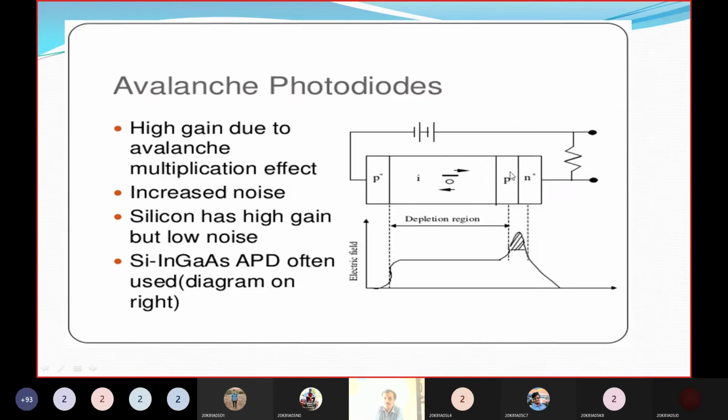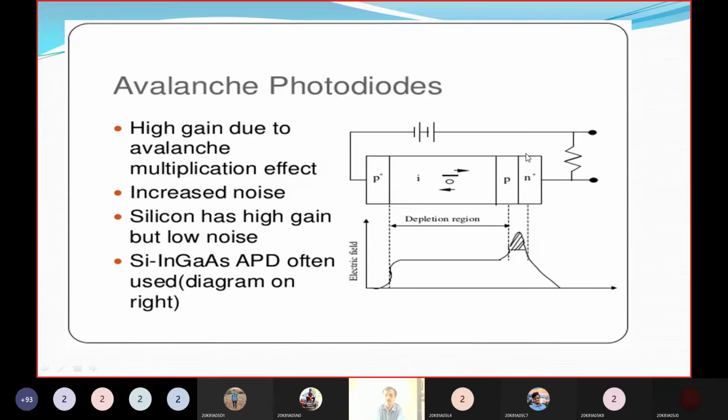More charge carriers are accumulated here. Whenever this fast moving electron strikes these accumulated electrons, those electrons are released from the material.